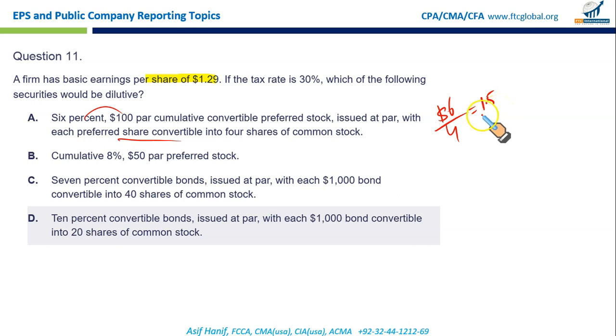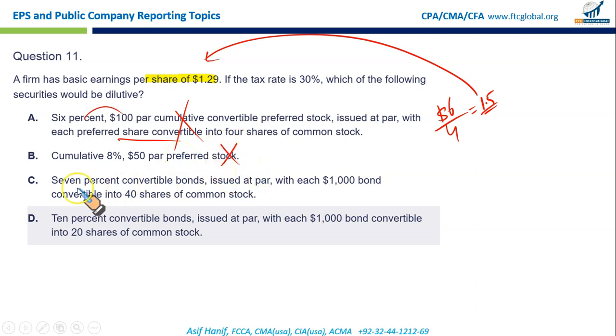Since they are anti-dilutive, see, the amount is higher than the current basic earning per share. So you can say that these convertible preferred stock are anti-dilutive. So this is not clearly the answer. Next, B says cumulative 8% $50 par preferred stock, and there is clearly no indication whether they are convertible or not, so we are going to cross this out as well.